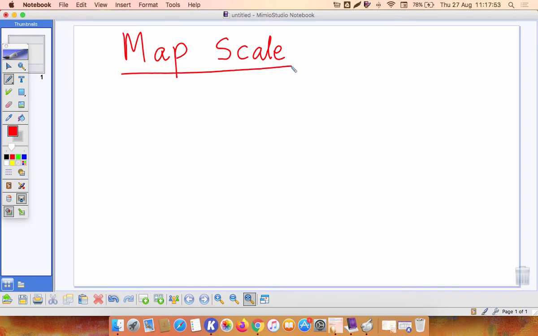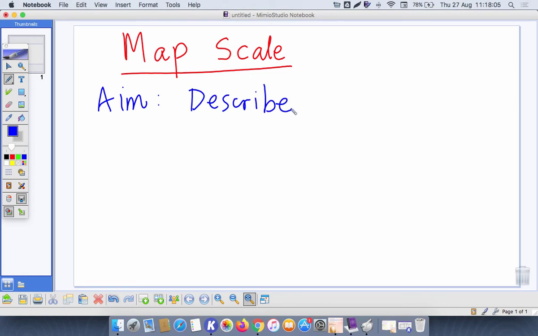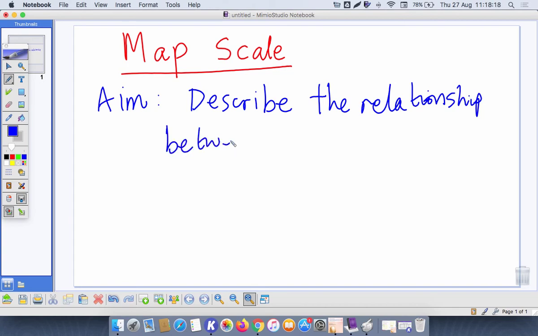But first, for this video, our aim is to establish and describe the relationship between a map scale and area.